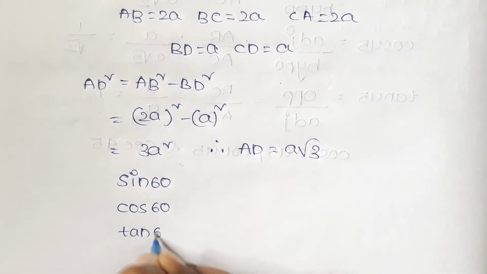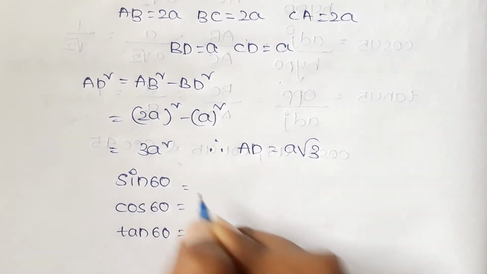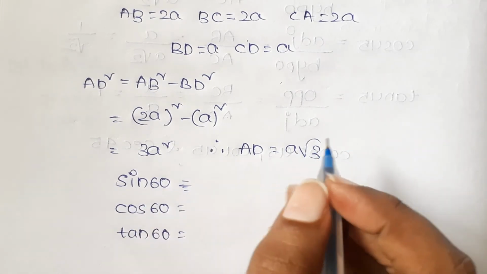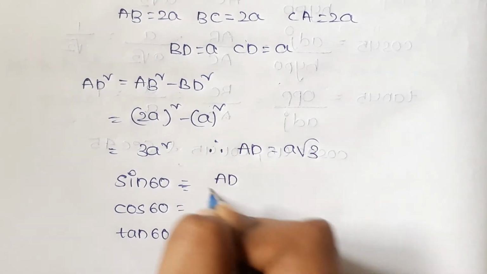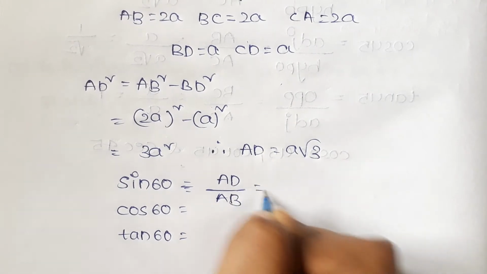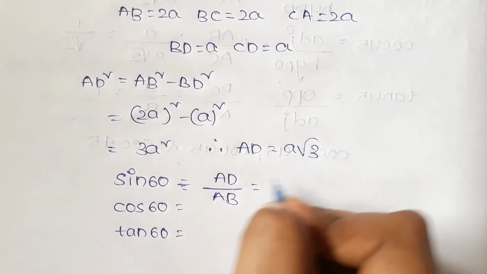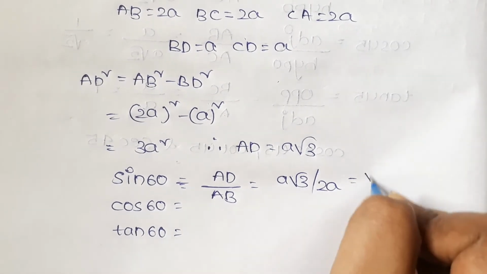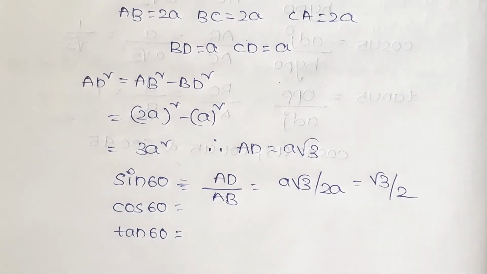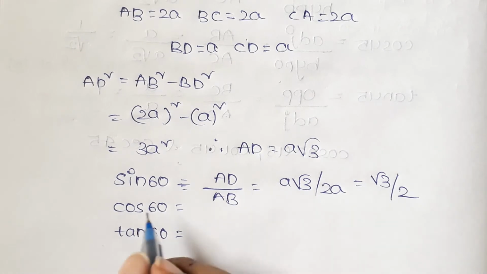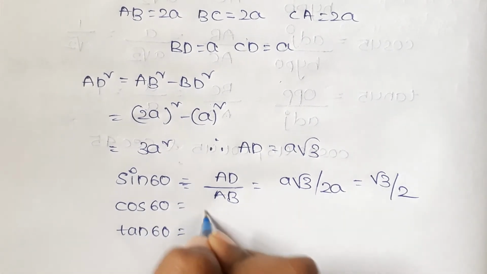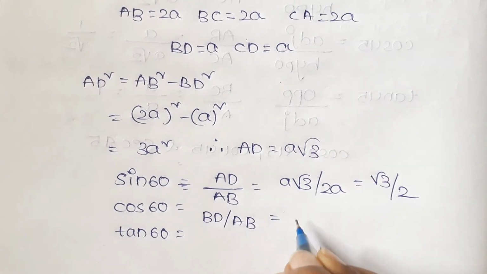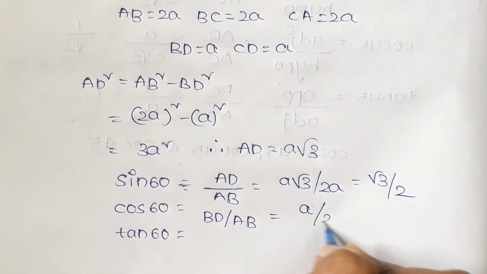Here we know the AD value we got is A root 3, and from this sin 60 is AD by AB. AB is nothing but 2A. A root 3 by 2A equals root 3 by 2. And similarly for cos 60, BD by AB equals A by 2A.